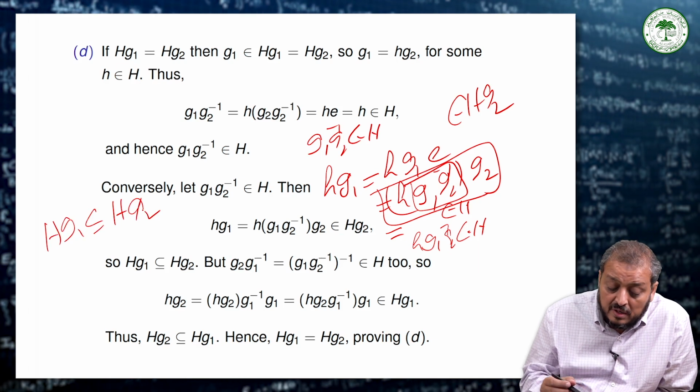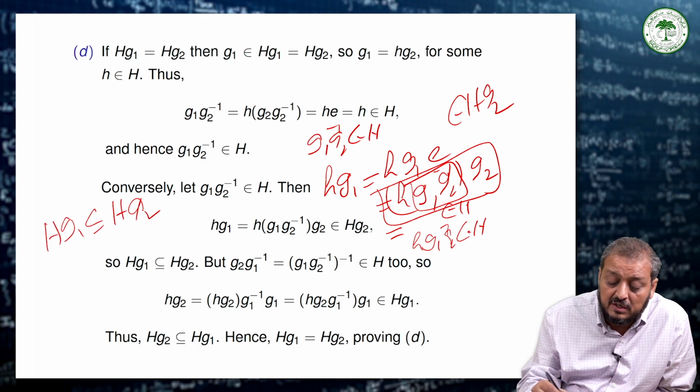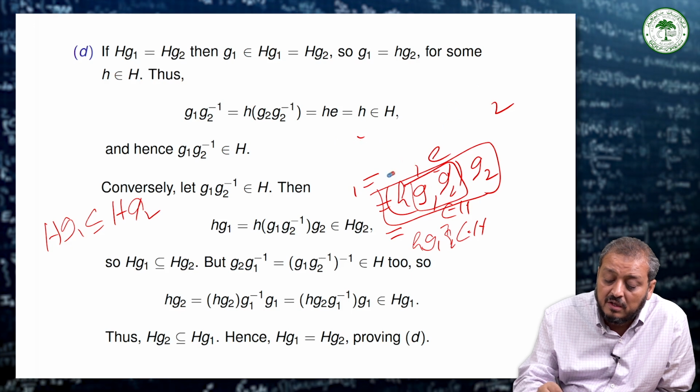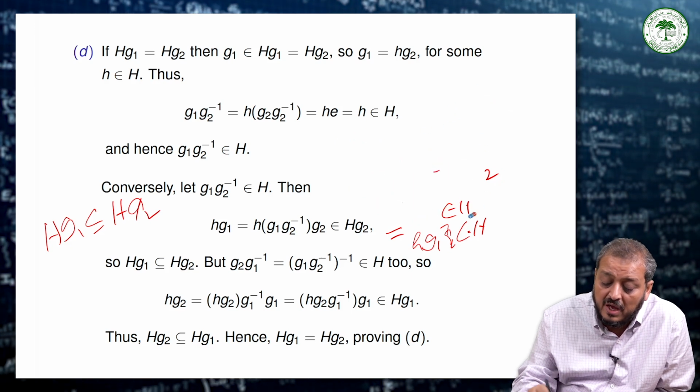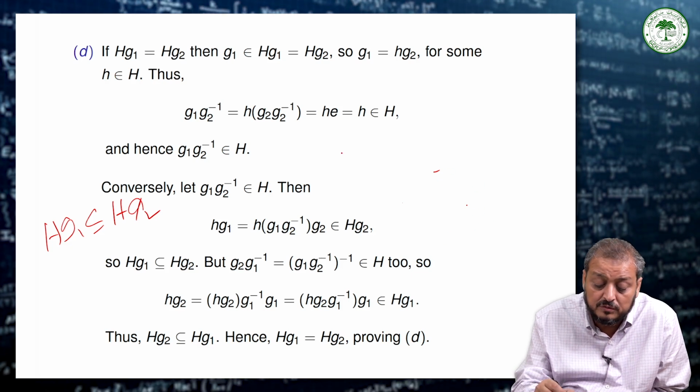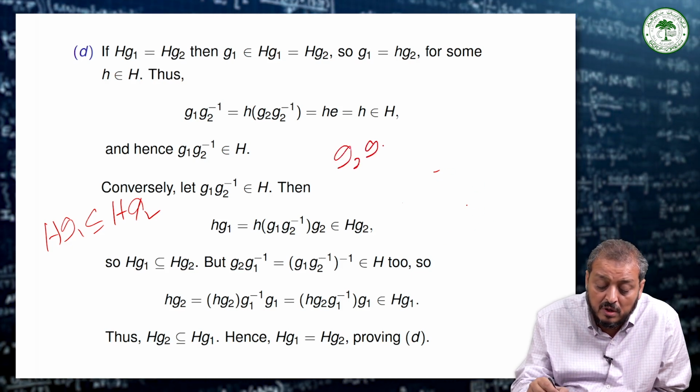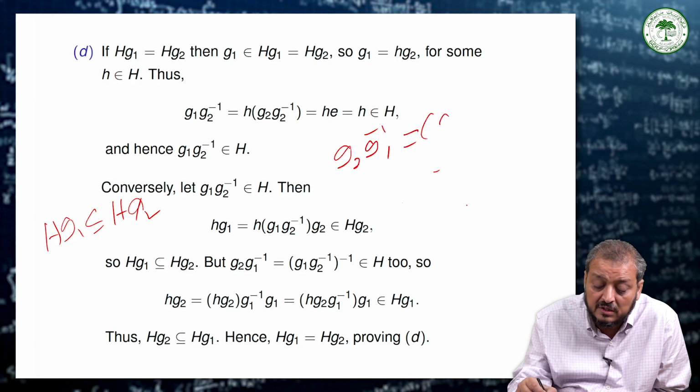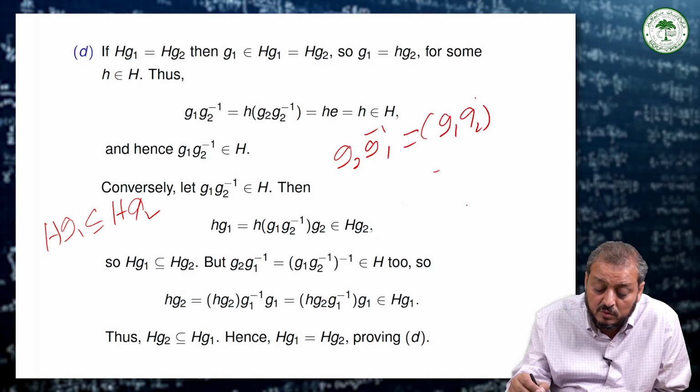Now similarly, clearly g2 g1 inverse can be written as the inverse of g1 g2 inverse.